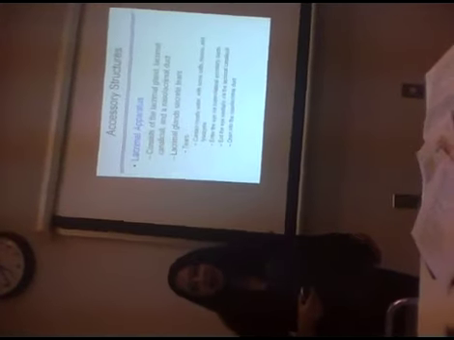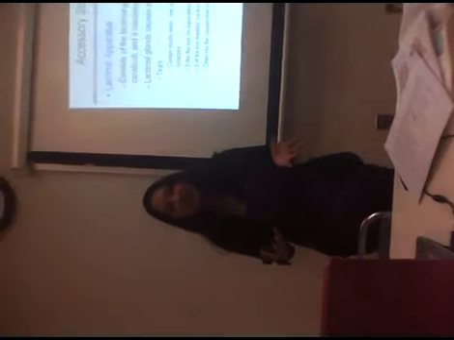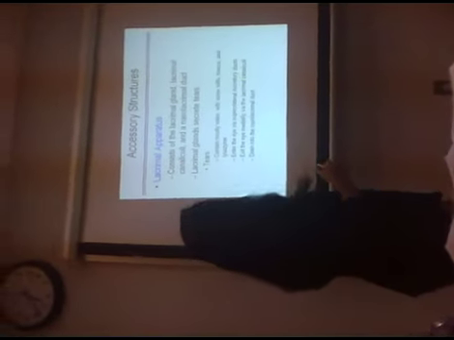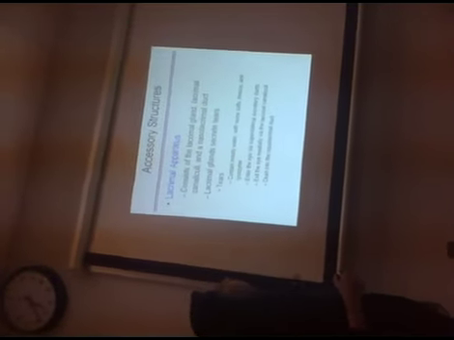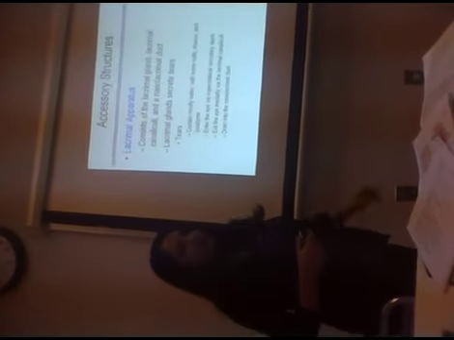The accessory structures here for your eyes, you have your lacrimal apparatus, or we call it the tear glands, where tears come from. Consists of the lacrimal gland, lacrimal canaliculi, and the nasal lacrimal duct. Lacrimal glands secrete tears. Now tears, what's tears?